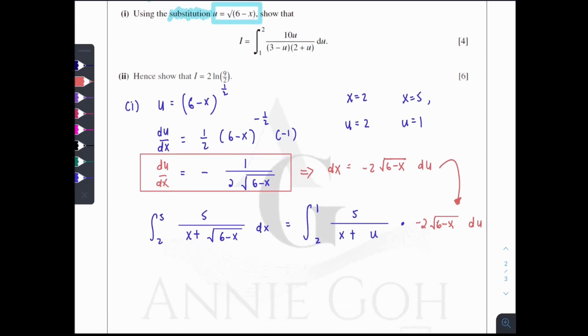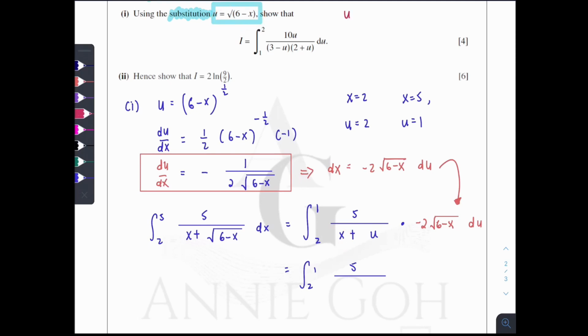Now let's check. Do we still have any x terms in this integration? Yes, over here and here. And we are supposed to change everything in terms of u. So let's change this x away. It should be 5 over... how to change this x away? Have a look here.